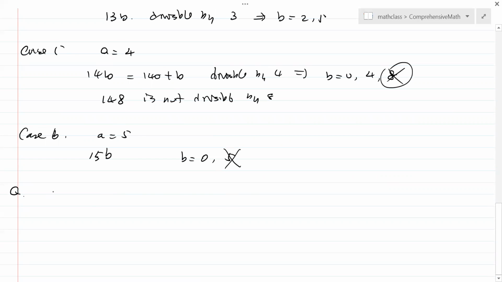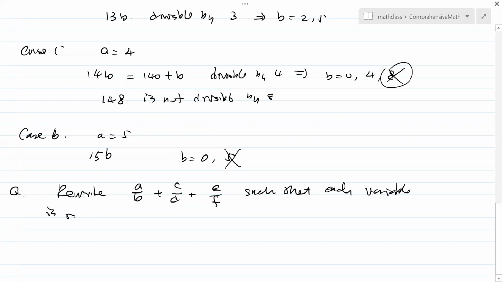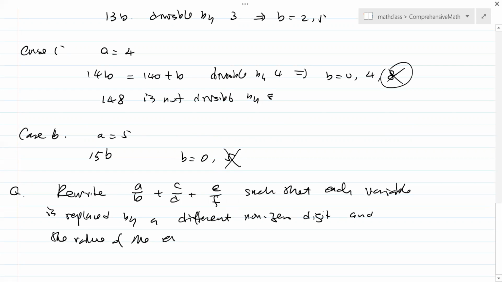We're going to rewrite A over B plus C over D plus E over F such that each variable is replaced by a different non-zero digit, and the value of the expression is 1.